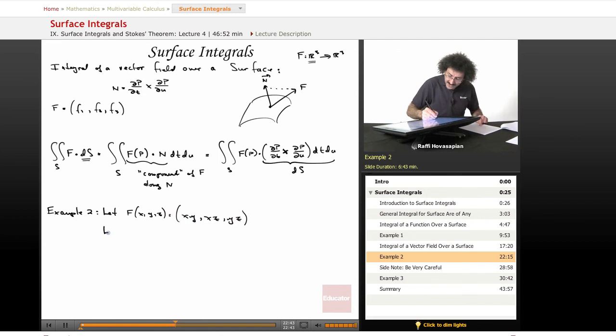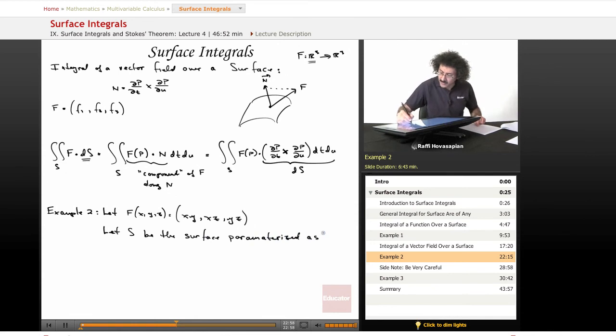We will let S be the surface parameterized as follows.